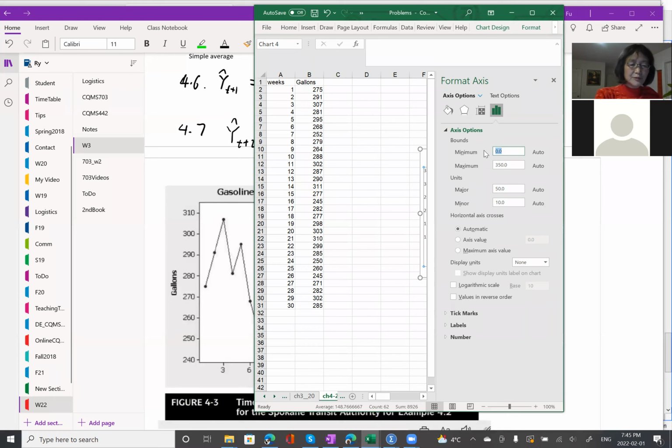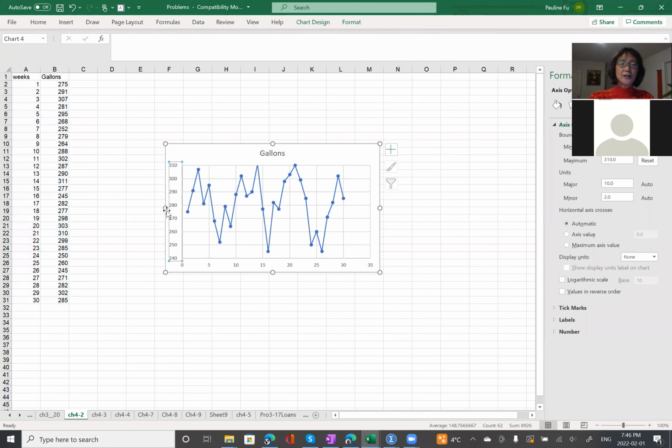You put 240, maximum 310. After that, you see the effect. It's more obvious in this data after you change the minimum and maximum values on the y-axis. So this is how you produce a line chart in Excel.